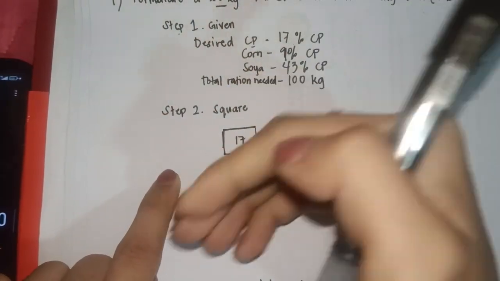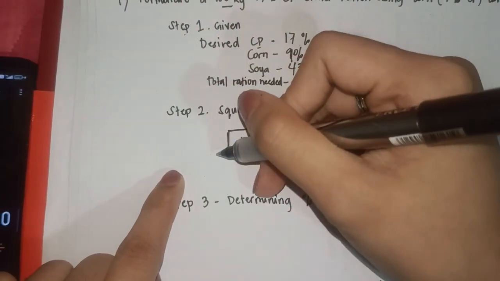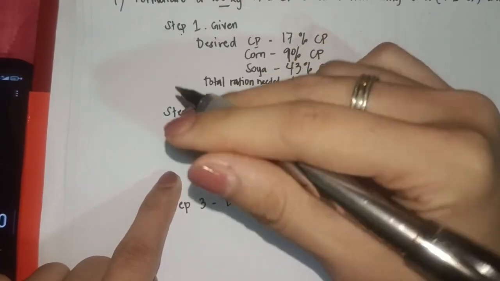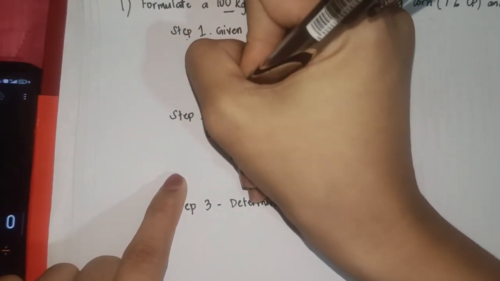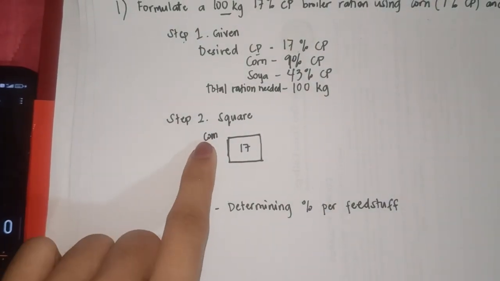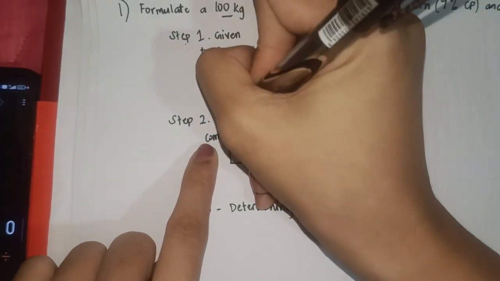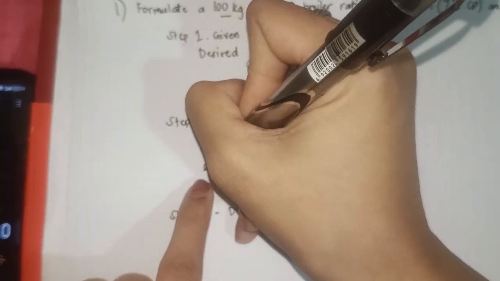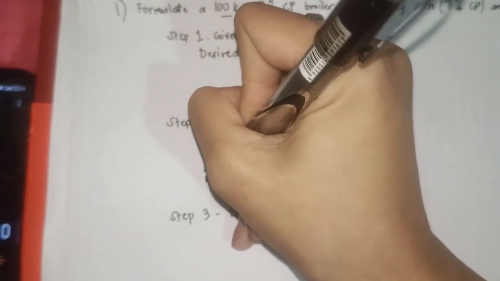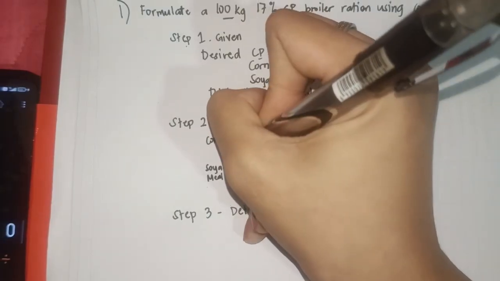You can put soya at the top and corn at the bottom, or vice versa. It doesn't really matter. For this case, let us go with corn at the top. Corn has 9%, and at the bottom we have soya meal, which has 43%.